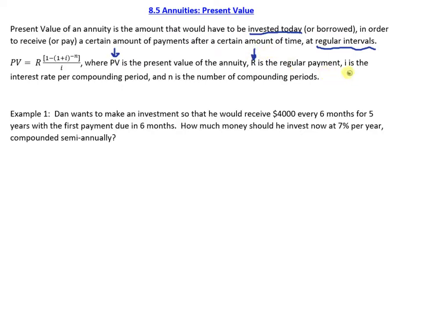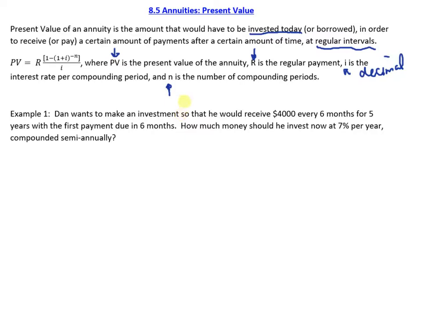I is the interest rate, and of course that's in a decimal. And again, the interest rate is going to be divided by the number of compounding periods per year, because this is just the interest rate per compounding period. And then N is going to be the number of compounded periods. So you take the years and multiply it by the number of compounding periods per year.